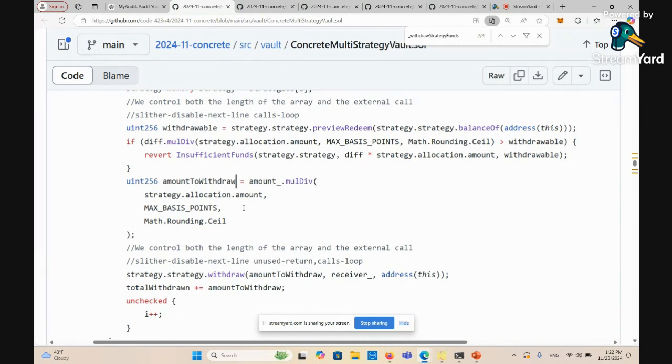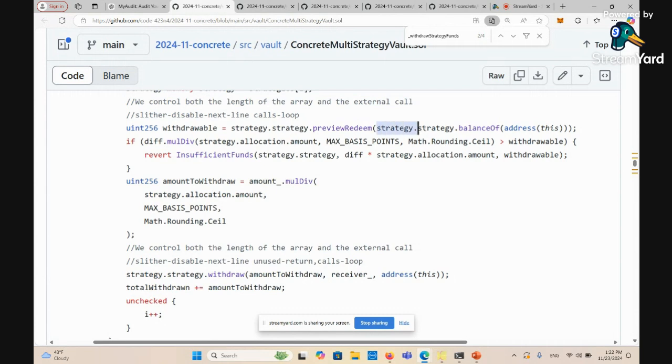Okay, if this guy is 20%, you are going to have 10% of the deficit come from here, and so on and so forth. And of course, before you do that, you have to really make sure how much is available for withdrawal from every strategy over here. Okay, based on what? Based on the preview redeem.